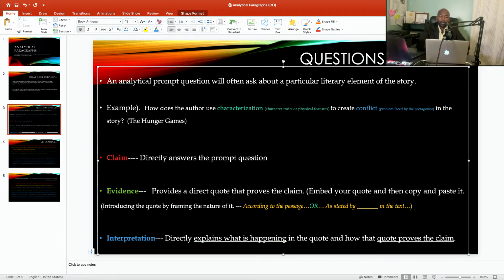This is the format. The first sentence of the paragraph is the claim. And the claim is one sentence that directly answers the prompt question. Understand that this is not something that you just kind of come up with quickly necessarily. You have to think, even though it is the first sentence and even though it is only one sentence, it is still something you have to think about in order to come up with the idea.